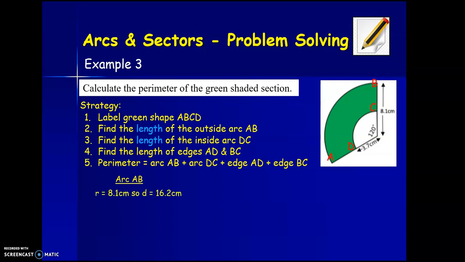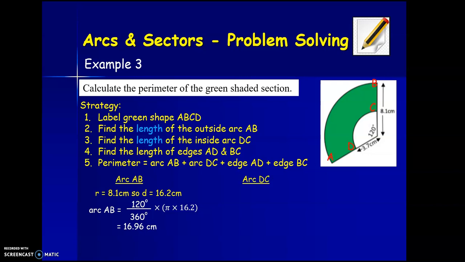So from the diagram we can see that the radius is 8.1 centimetres, so the diameter is double, which is 16.2 centimetres. Our arc AB is a fraction, so 120 divided by 360 times the circumference, so pi times the diameter of 16.2. And if we work this out, we get a total arc length of 16.96 centimetres.